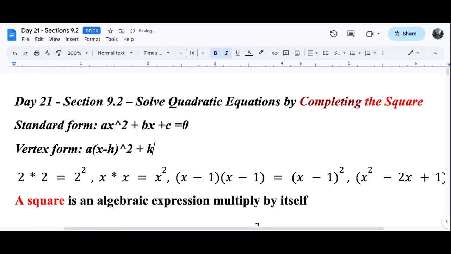So this is called a vertex form. Completing the square means we want to write ax squared plus bx plus c into the form of a times x minus a number squared plus k. In this case, h comma k is the vertex.